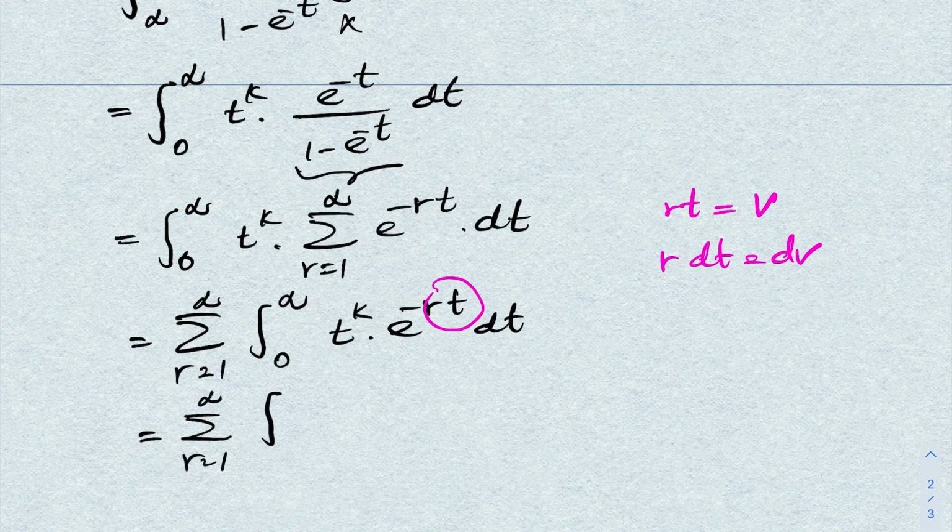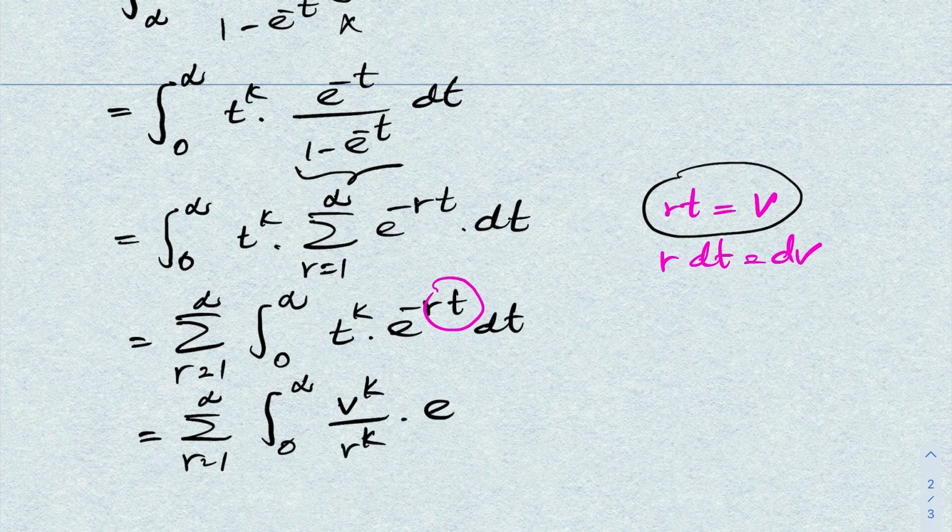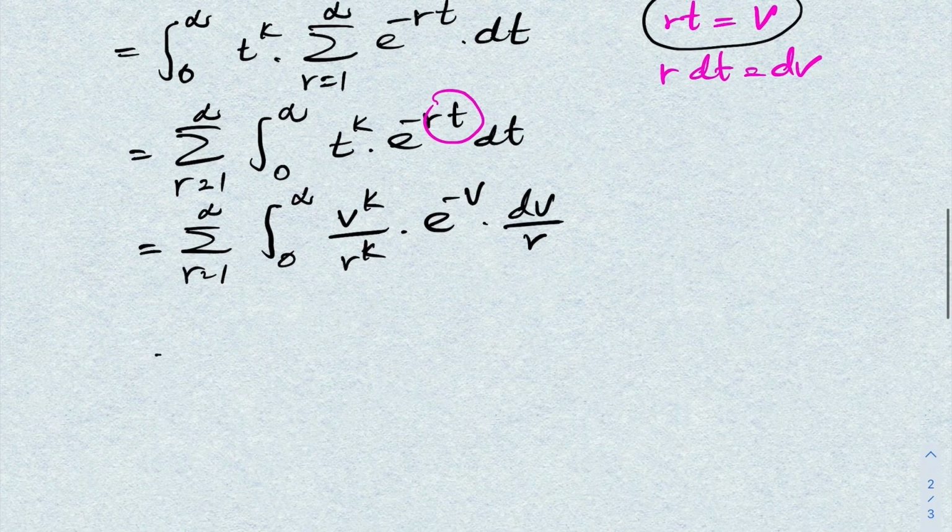Now the integral limit is also 0 to infinity. Now we know t is equal to v over r, so v to the k over r to the k. Here e to the minus rt, we know is e to the minus v, and dt we know is dv over r. So we can simplify here r to the k, here r.